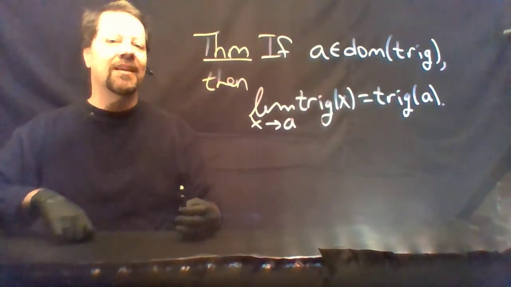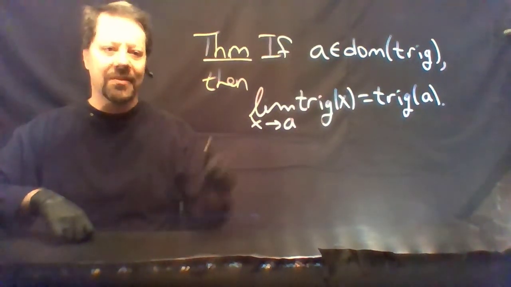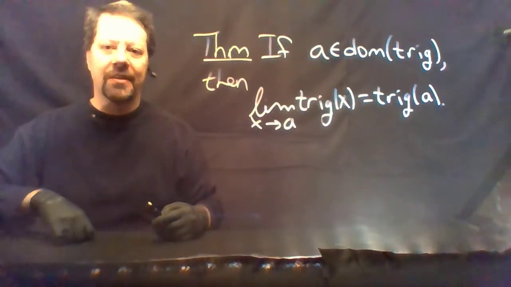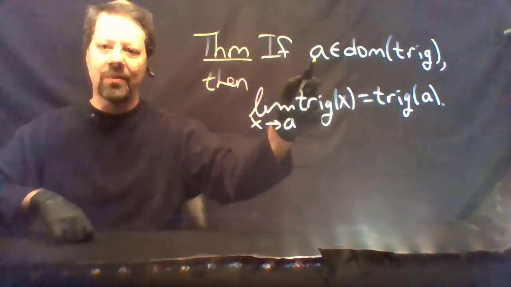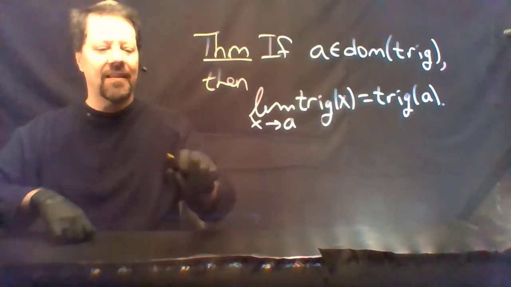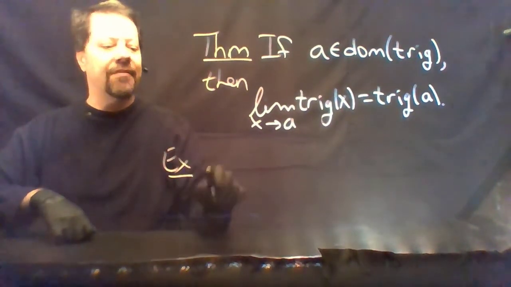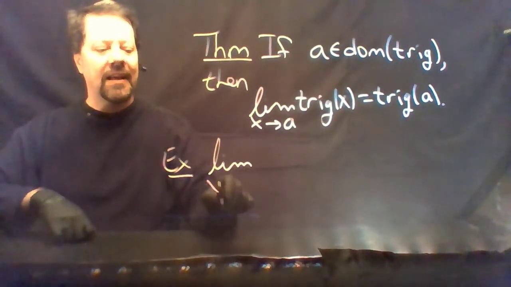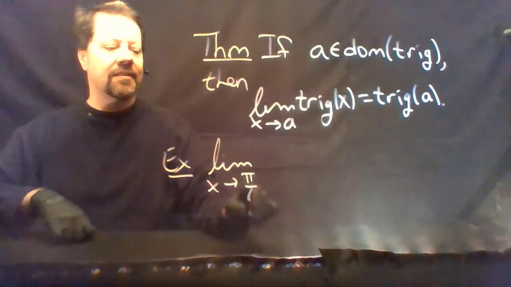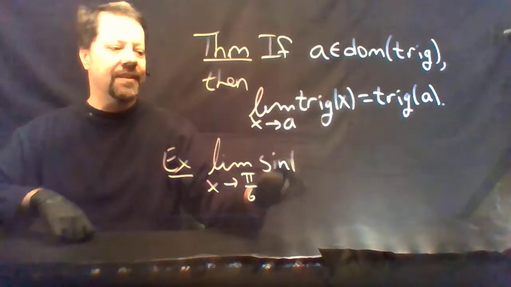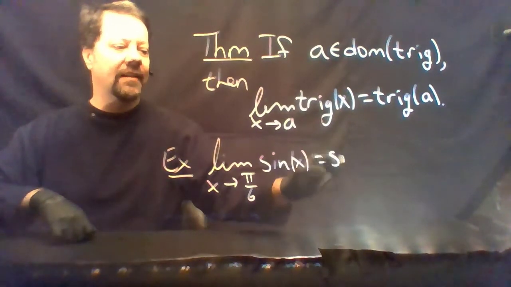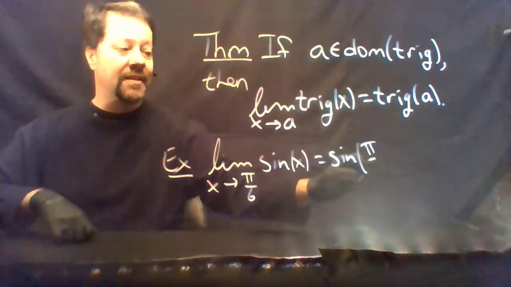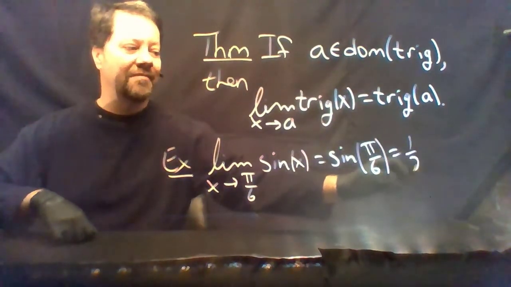In other words, you can calculate limits for trig functions by simple function evaluation, provided the point that you're tending towards is in the domain. So for example, if I'm taking the limit as x goes to pi over 6 of the sine of x, what I get is the sine of pi over 6, or 1/2.